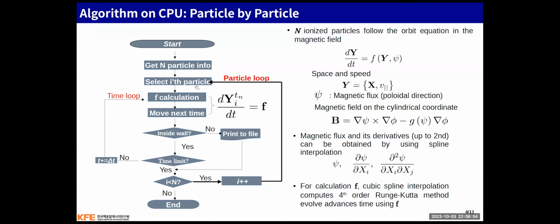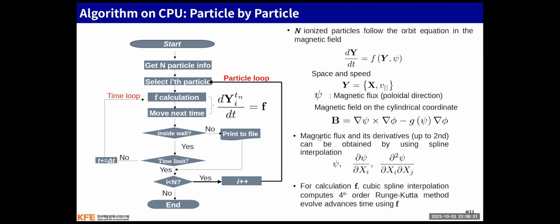At first, we select the i-th particle, and for only this particle, we calculate the time evolution function. This time evolution function is composed of space and time, and this one is the magnetic flux. By using this magnetic flux, we can obtain the magnetic field.